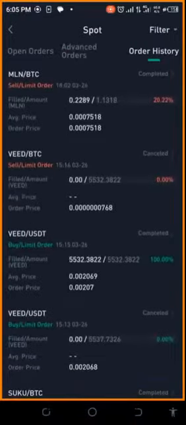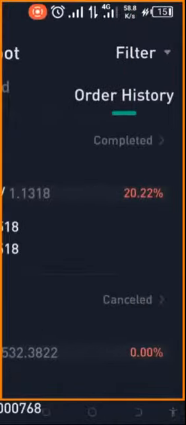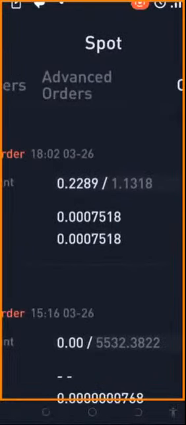So which other one do we have here? Okay, here it is again. That is exactly what happened. We had 0.2289 that we got out of this particular amount, so that's why what we were left with was 0.9.